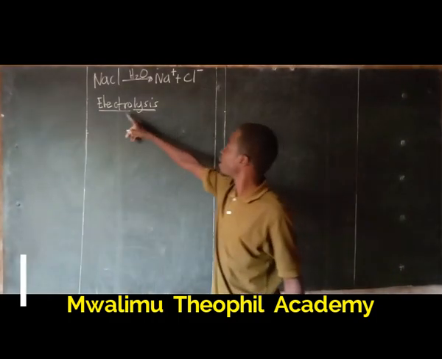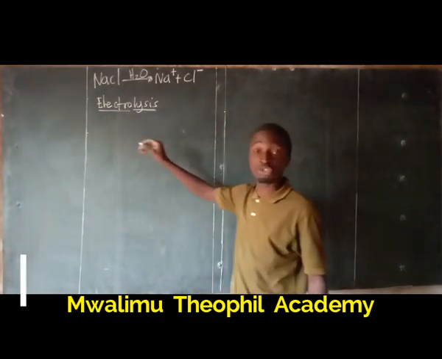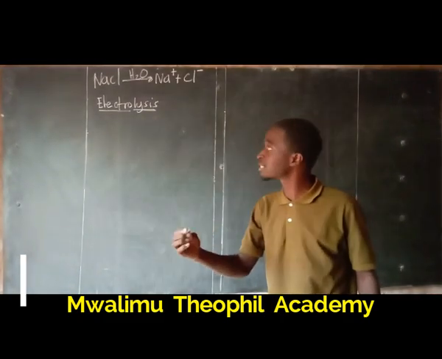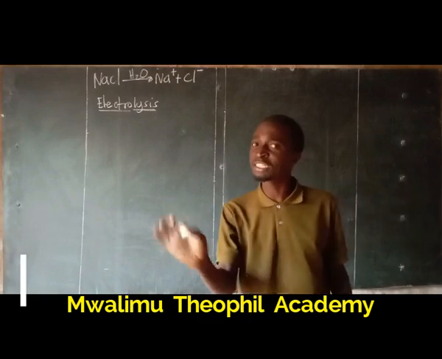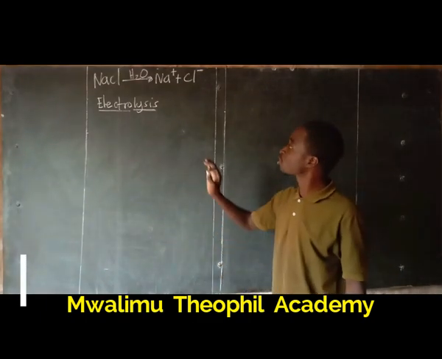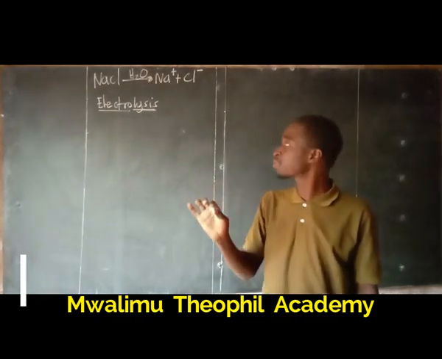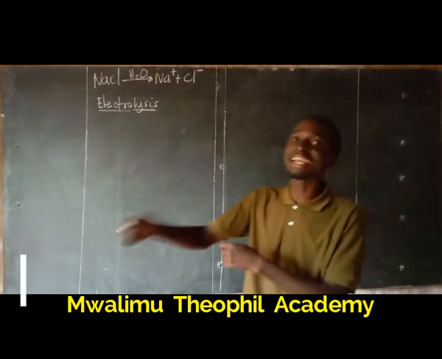So it means to break down a substance after the passage of electricity. That is why, under electrolysis, we break down an electrolyte due to the passage of electric current.